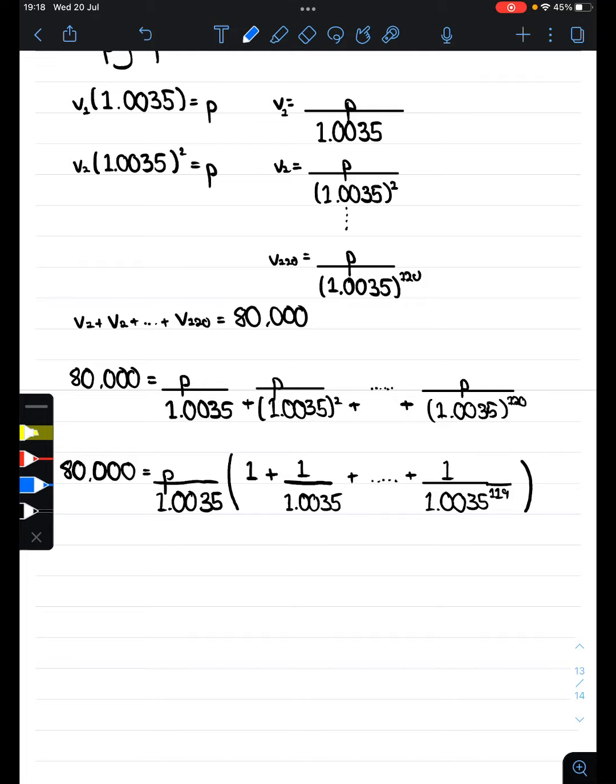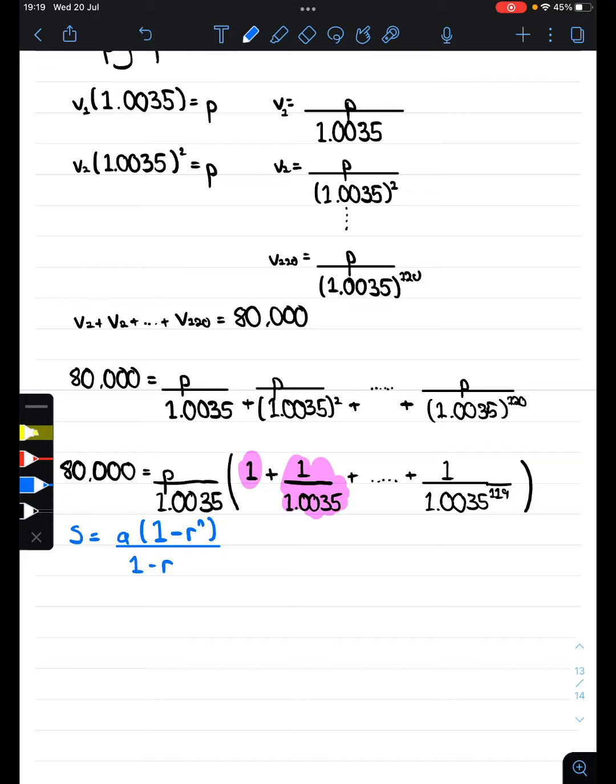And we have a formula for this. The sum equals A times 1 minus the ratio to the power of n, all over 1 minus the ratio. Our A is just 1, this guy, and our ratio is just this guy.